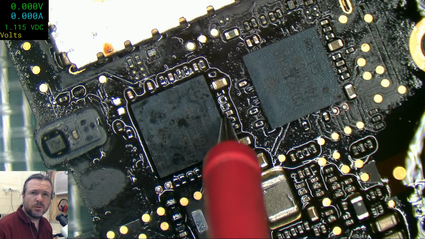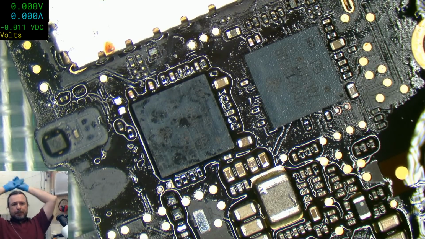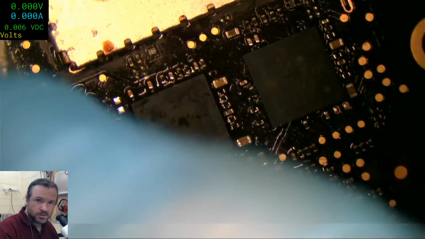Oh, we got 1.1 on this one. That one's giving us 1.1. So we do get a 1.1 on UB300, but we don't get it on UB400.